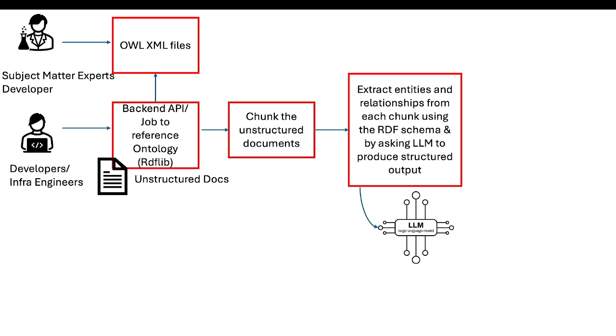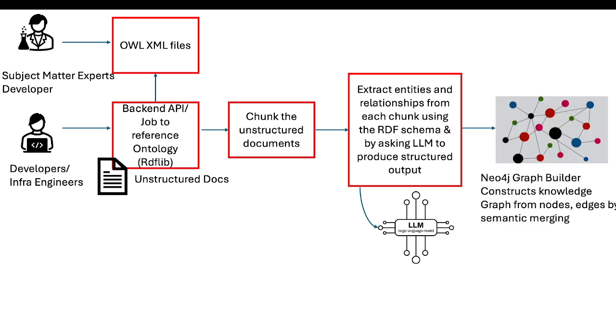I will show all of this to you, but the goal here is to create a precise knowledge graph using Neo4j that will construct the graph from nodes and edges by semantic merging, and this will be honoring all of the rules that are defined in the OWL files.